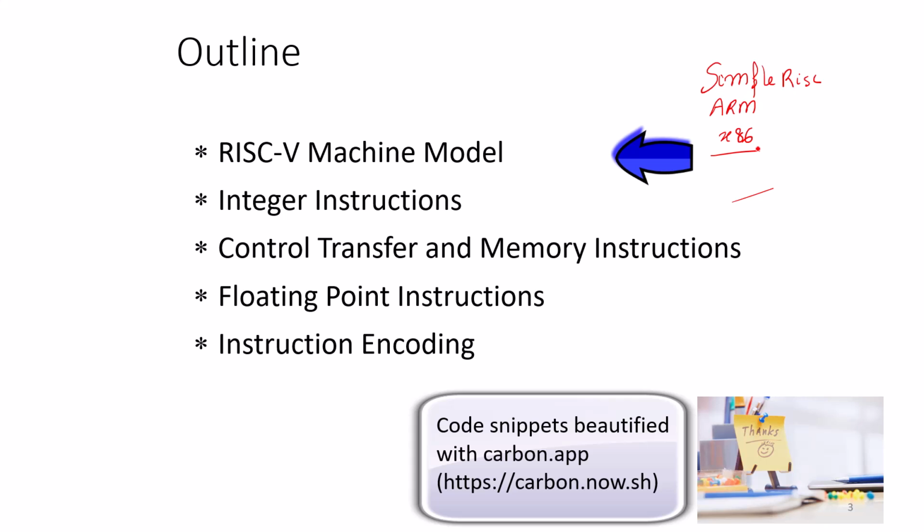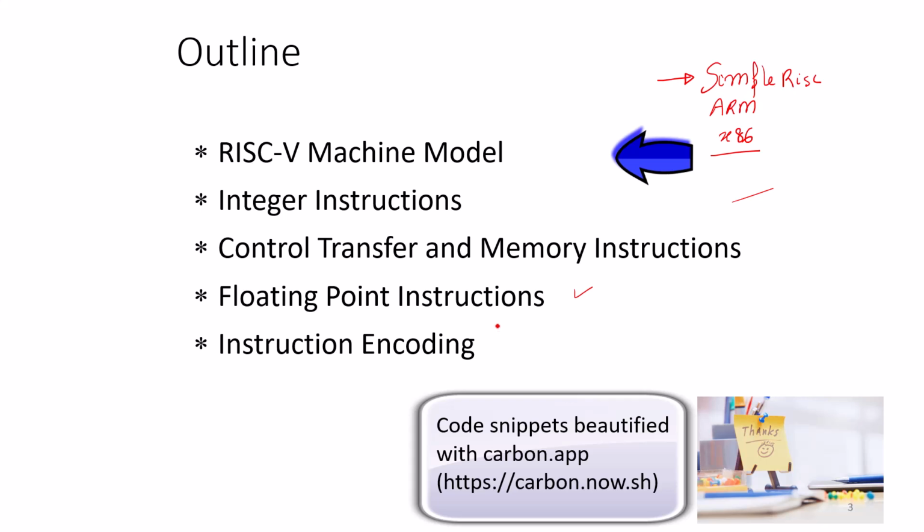Many details have been abstracted out because in the last 3 chapters they have been discussed in depth. Any doubts, you go to the basic assembly language chapter. We will discuss integer instructions, memory, control transfer instructions, floating point, and finally the encoding.